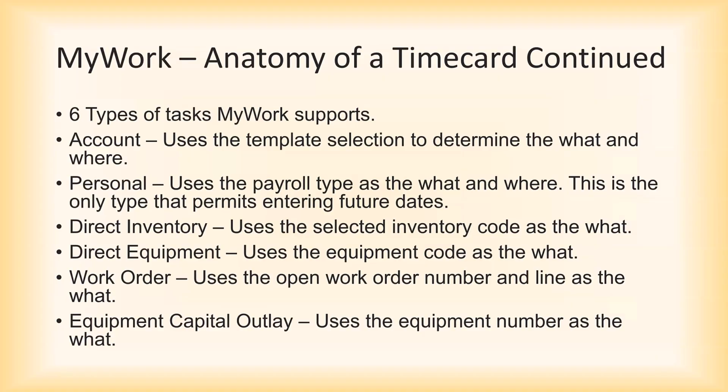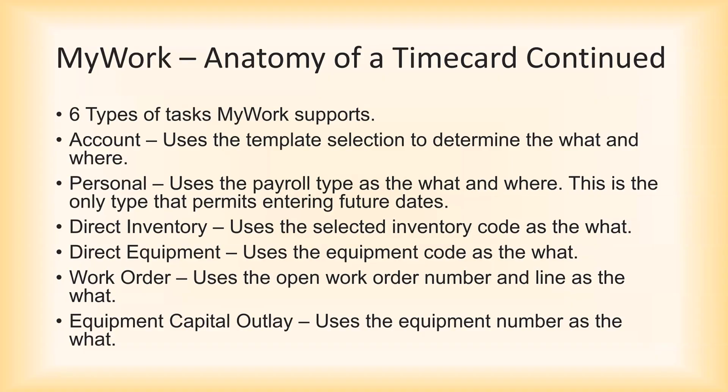So again, we use the inventory code as the what and the where, and if he happens to use equipment, like smoothing a pit and using equipment, then that also can be added on to a direct inventory. Direct equipment is similar to direct inventory. You select the piece of equipment, and we put the labor directly to that equipment cost. And again, if he uses additional equipment to do that, we do the same thing.